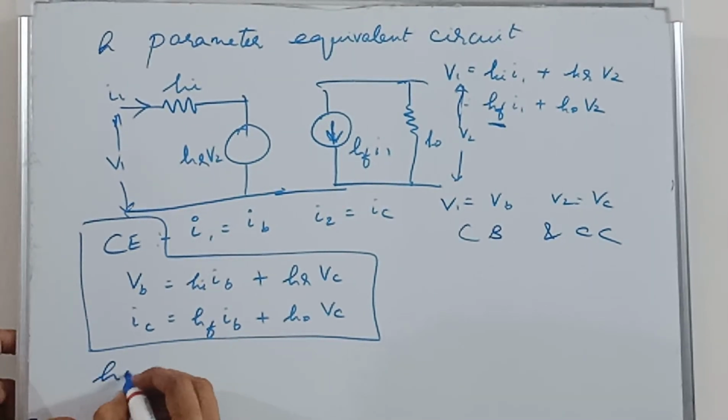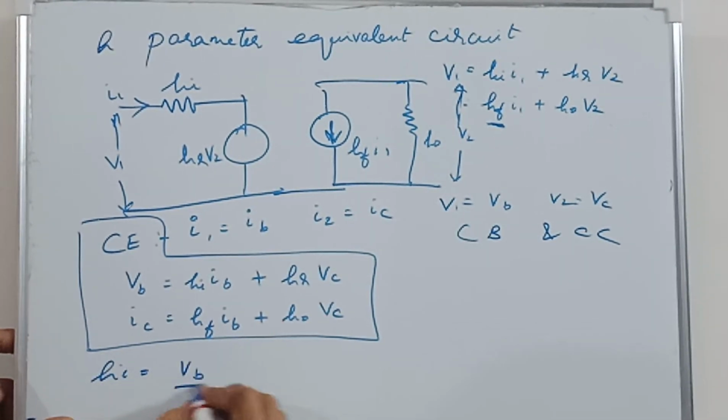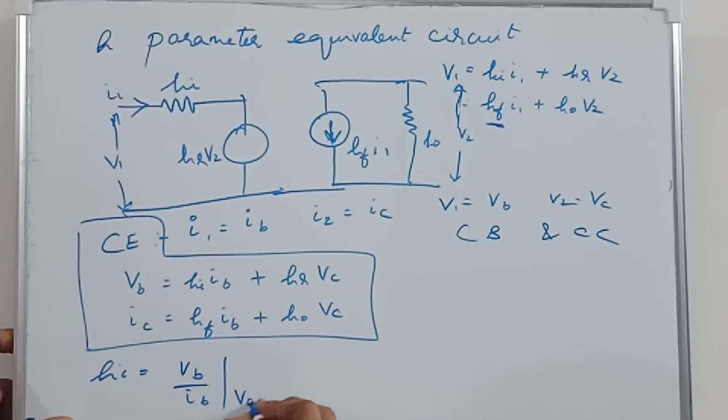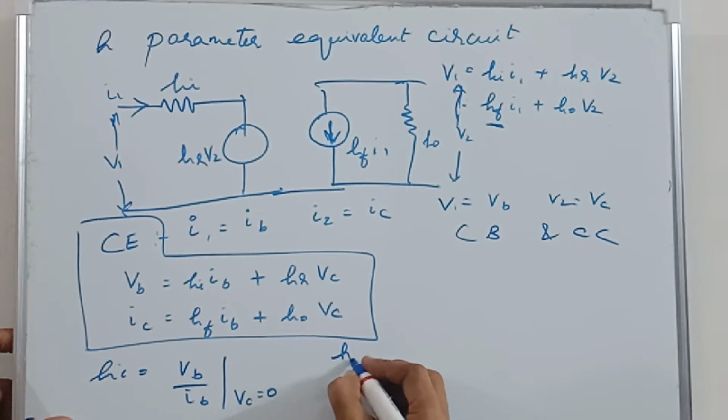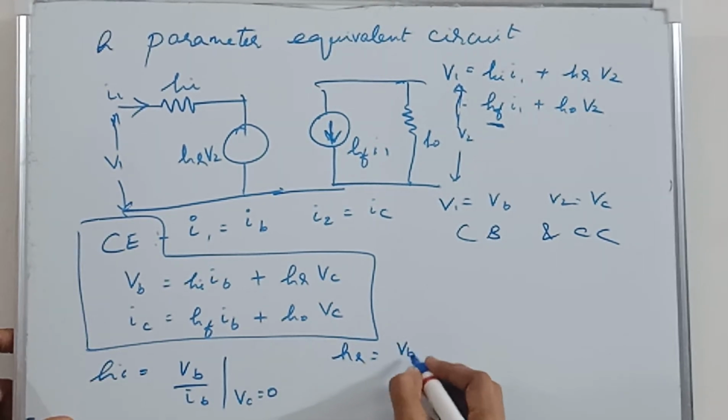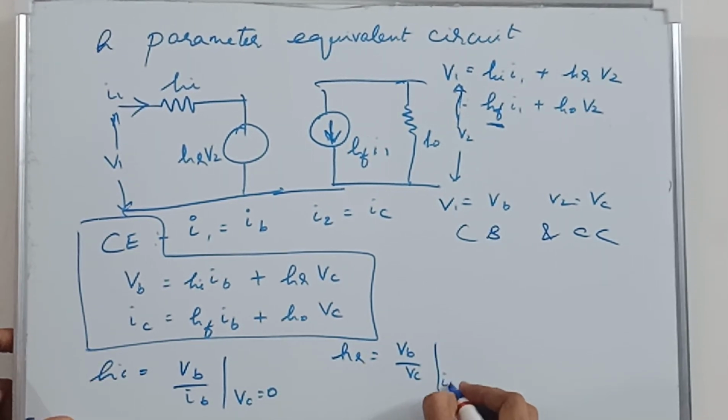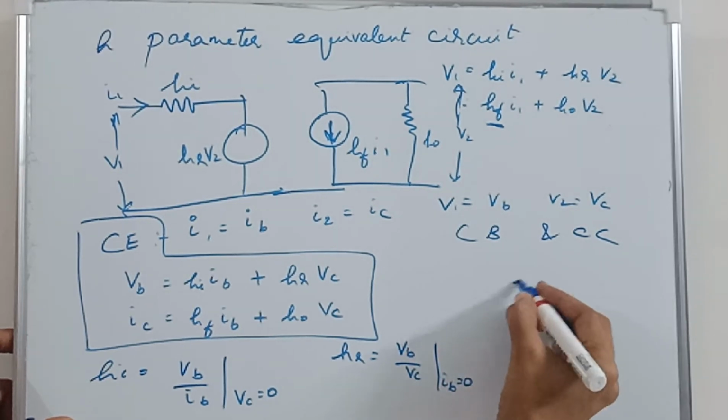So our HI will be VB by IB when VC is 0. HR will be VB by VC when IB is 0.